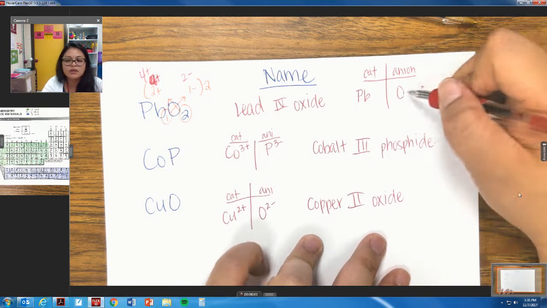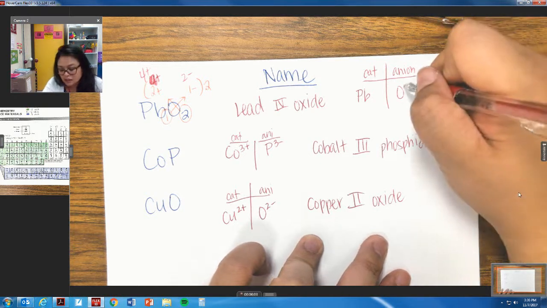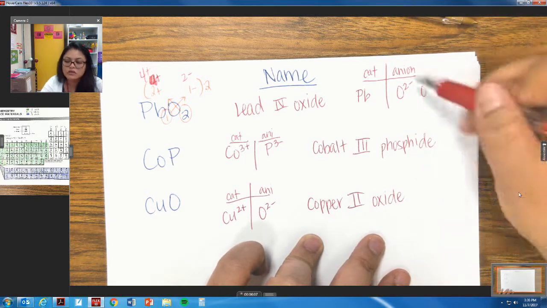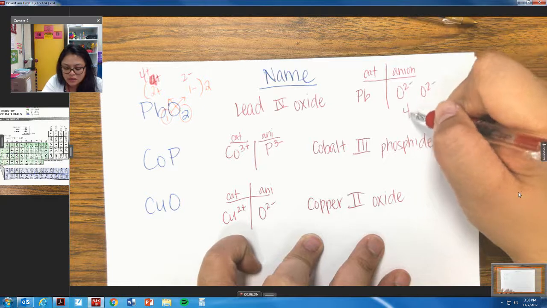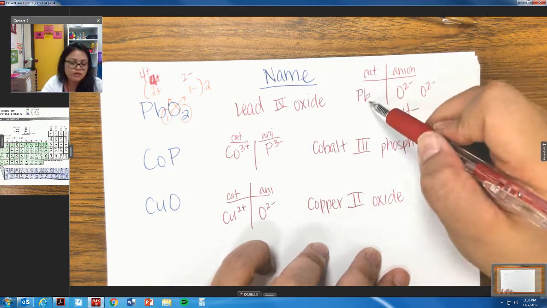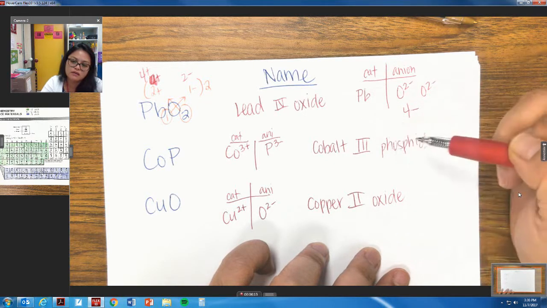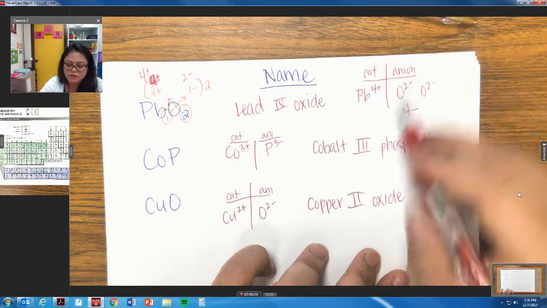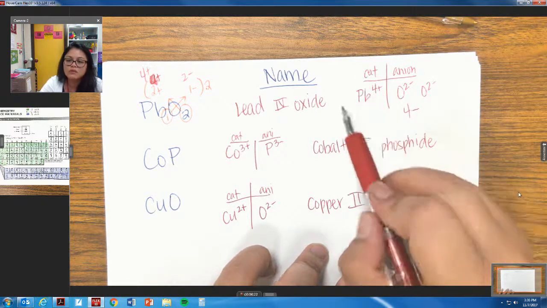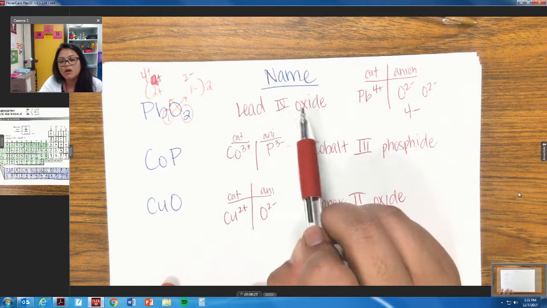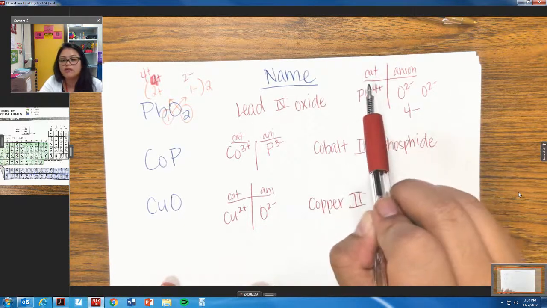Again, what are your charges for each oxygen? Oxygen has a -2 charge, so your total charge here is 4 negative. So what must be your charge for lead? It needs to equal 0, so your charge is +4 for lead. Which is the same answer, right? Lead 4 oxide, which is what we have here.